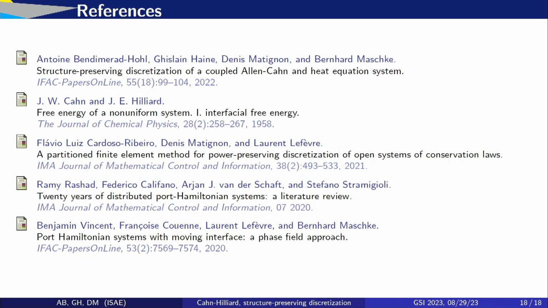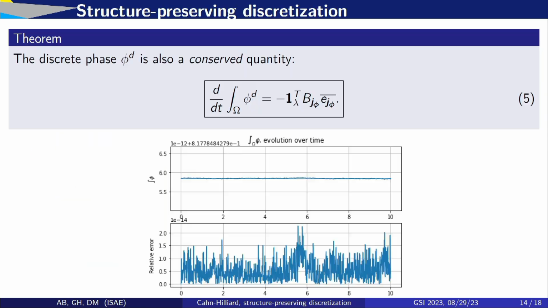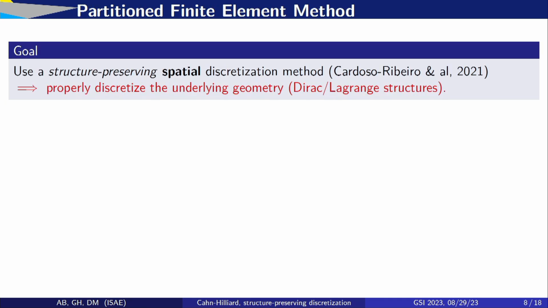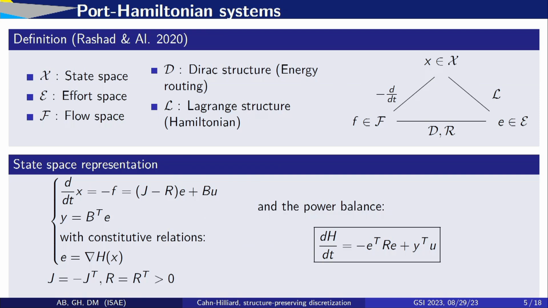So one more, can I ask? I'm just wondering, what is a Lagrange structure in a sense? Lagrange structure. Okay. So okay, I'm going to go back. Here, okay. So the Lagrange structure, in the easy case, it's basically just that you have a Hamiltonian, and the efforts are the gradient of the Hamiltonian with respect to the state space.